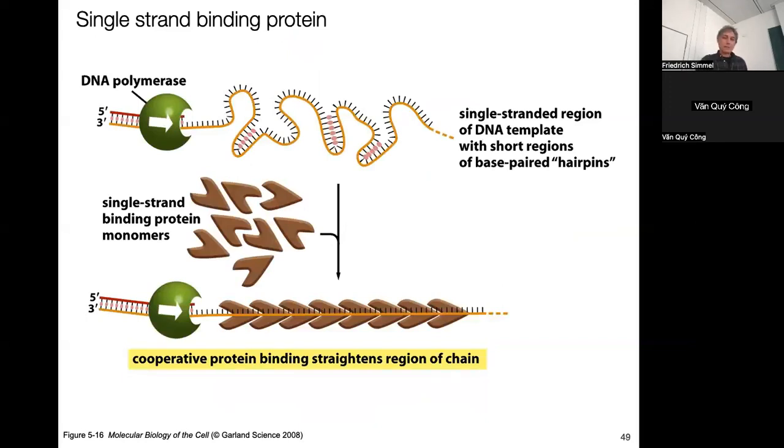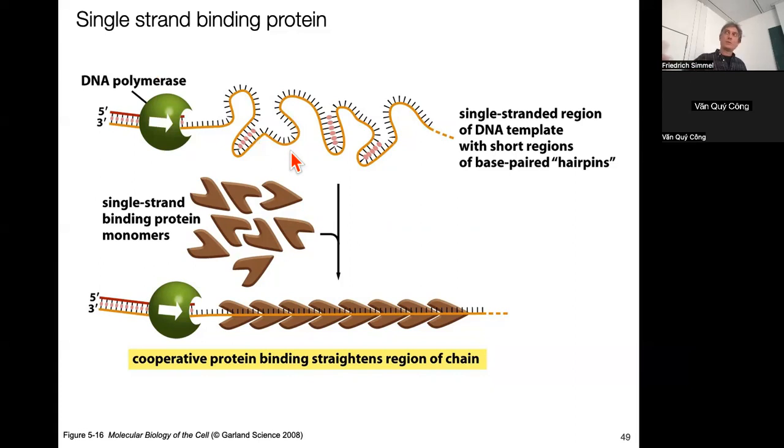Then another thing that might play a role, and this is a problem, is that when you have single-stranded DNA rather than double-stranded, it might form extensive secondary structures. So it can fold back on itself, and this represents an obstacle for the enzymes that want to go through this sequence, and this can be so strong that the enzyme actually stalls.